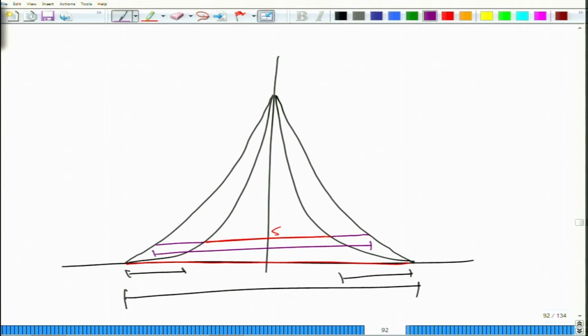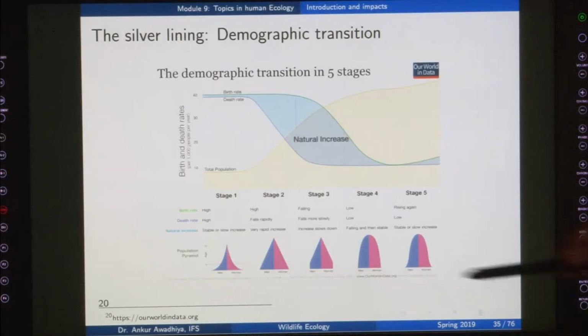So, now this curve, in place of looking like this, looks more like a triangle. This is the second population pyramid that we observe. Here you have a high birth rate, but a death rate that is now lowering.